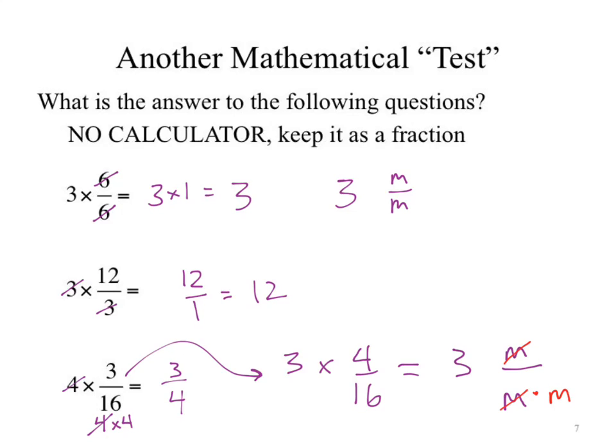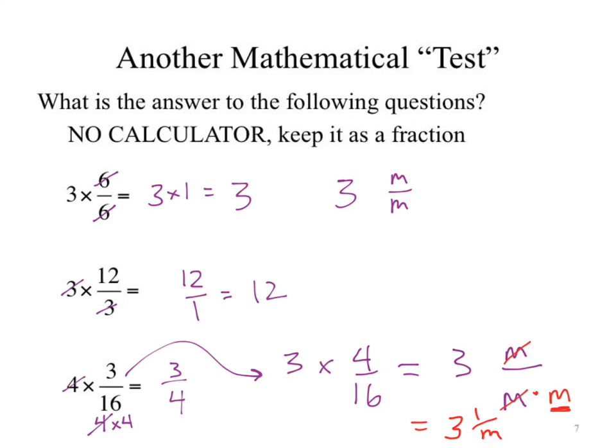One of our meters cancels, and we'd be left with 3, careful, 1 over meters. Our red meter is where? Numerator or denominator? Denominator. Make sure you translate it into the end to being in the denominator. So be very careful with where your units show up. Okay? Make sense?